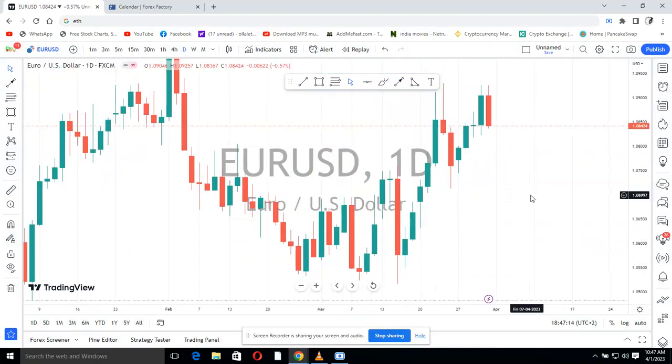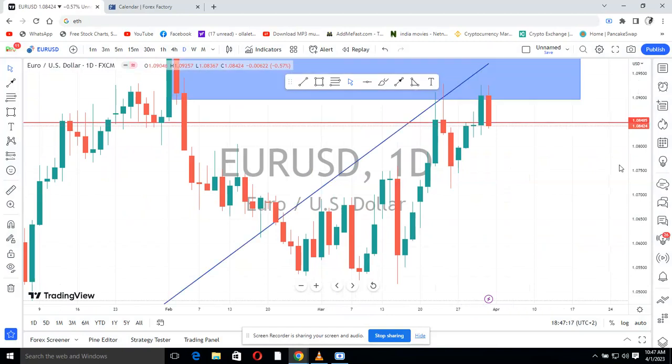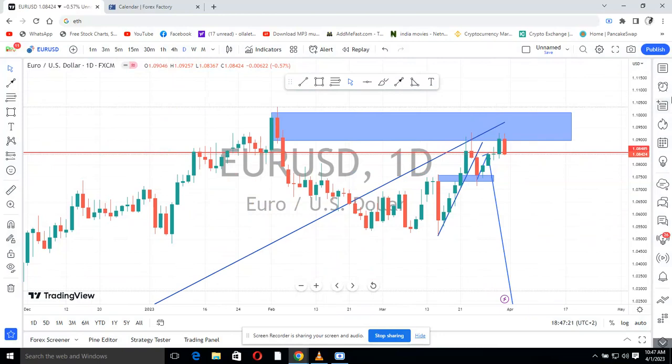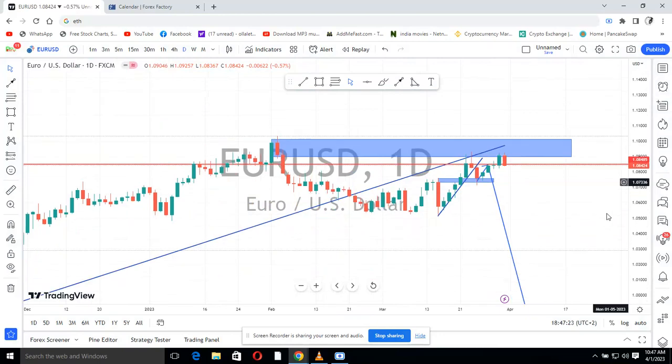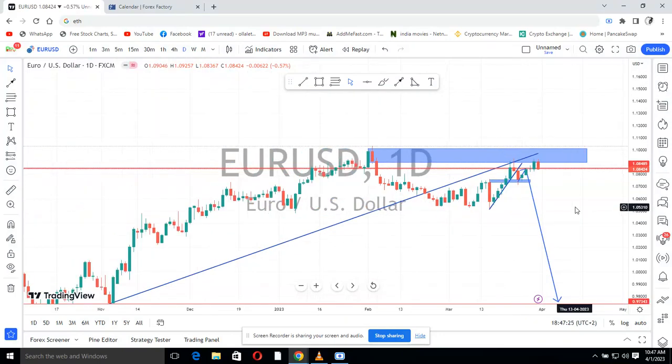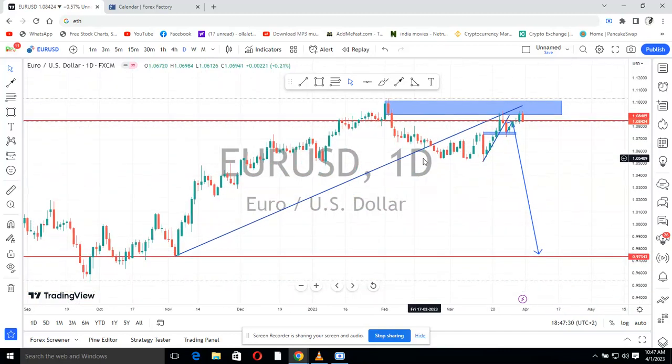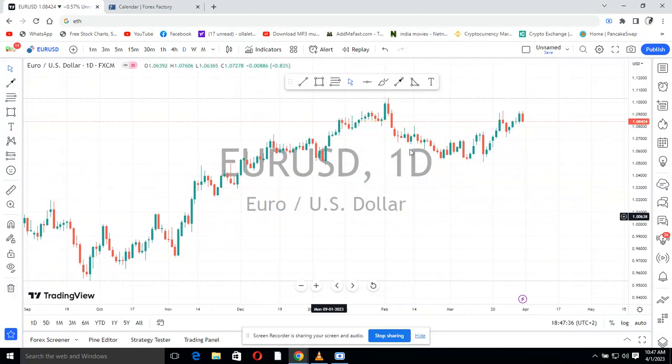And this is EURUSD as well. EURUSD is also ready to short. This is a ready to short trade. You can see the way the price played out. Now, before I say it's ready to short, let's see here.